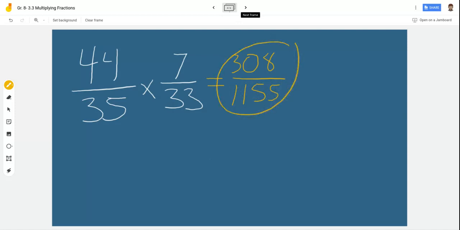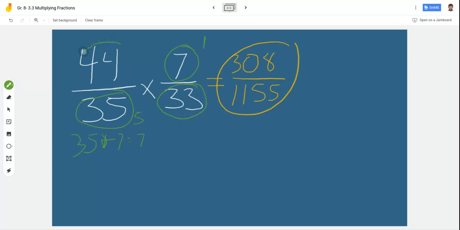I can reduce this, of course, and make this a little bit easier number to work with by reducing by common factors. I have 7 and 35. A common factor of 35 and 7 is 7. 7 divided by 7 is 1. 35 divided by 7 is 5.